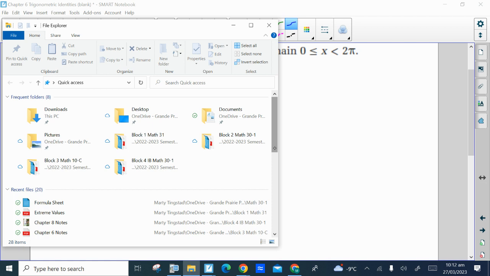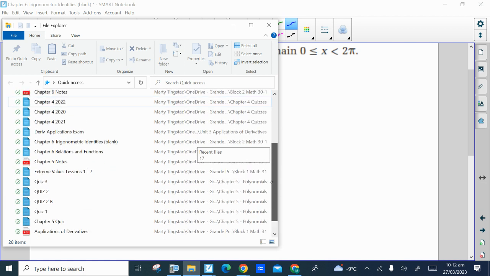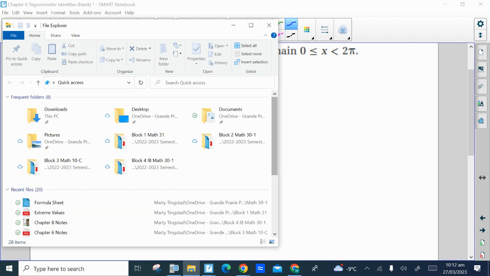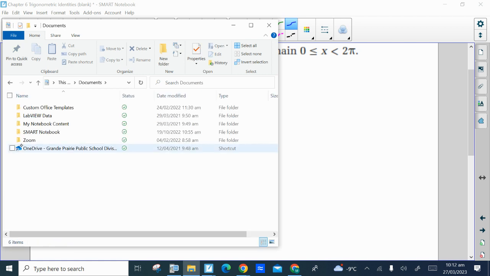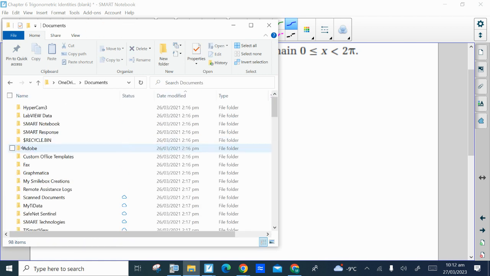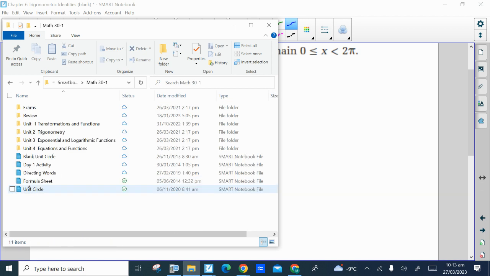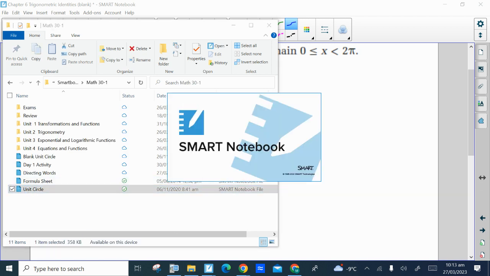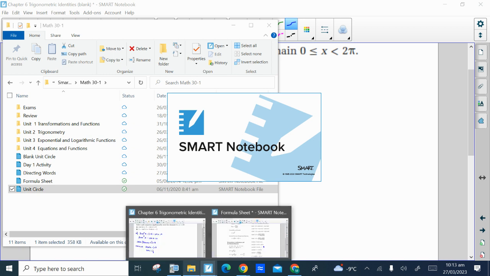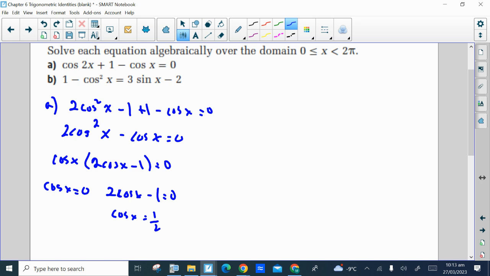So let's open up a unit circle here as well. Our solutions here in this case will be where the cosine of x equals 0. And remember, cosine is the first number at each point on the unit circle.